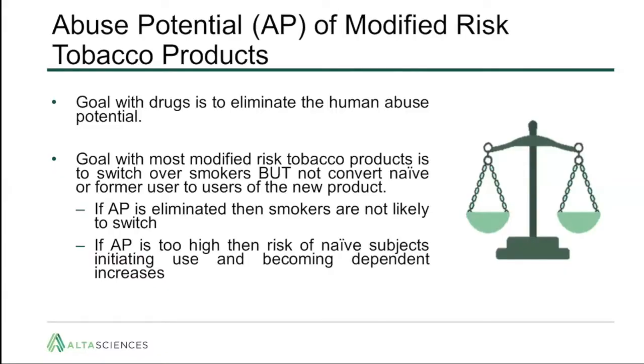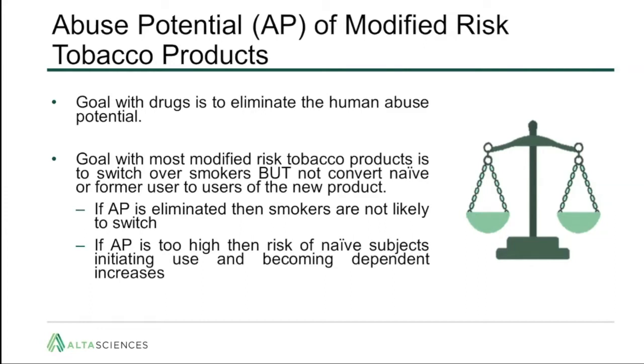The goal with modified risk tobacco products is not to eliminate the human abuse potential. That is primarily driven for drugs, where we're trying to reduce abuse to prevent it. When you have a modified risk tobacco product in which you're intending to switch smokers, heavy smokers, over to it, the abuse potential is not going to be eliminated.